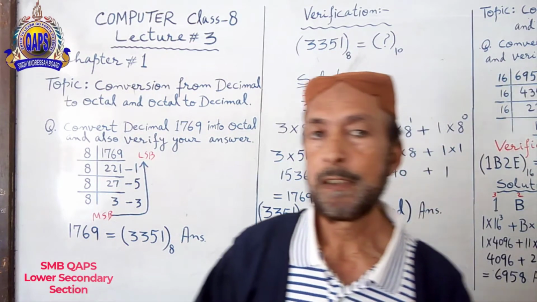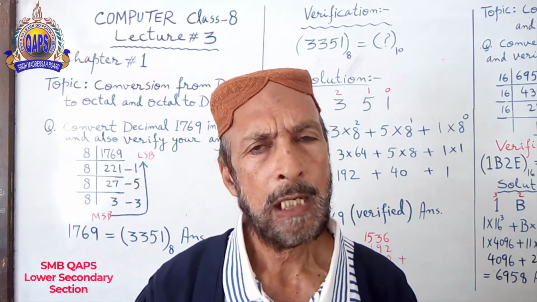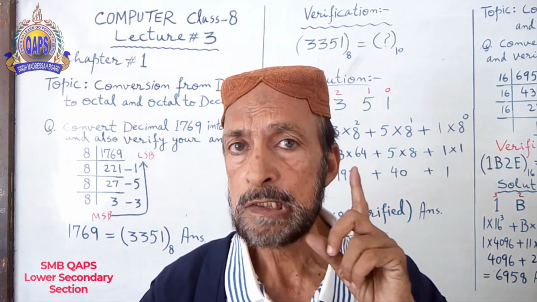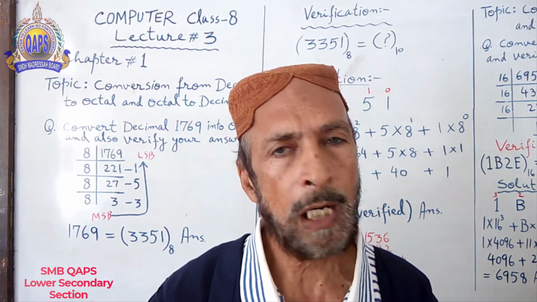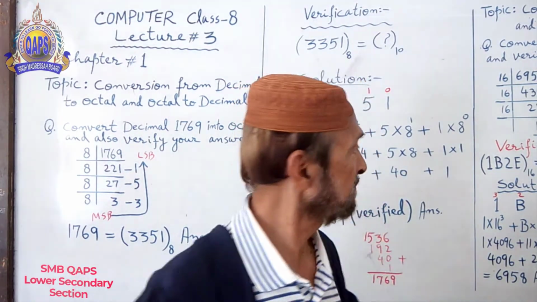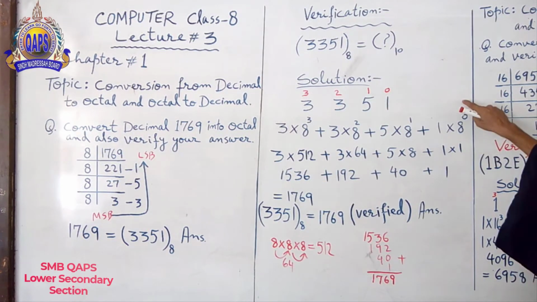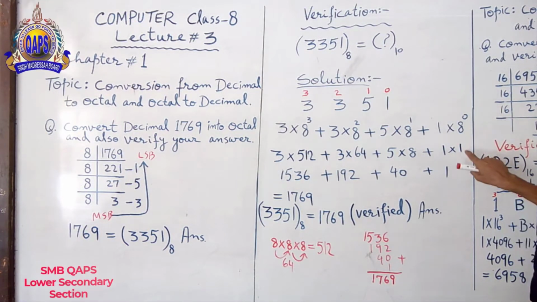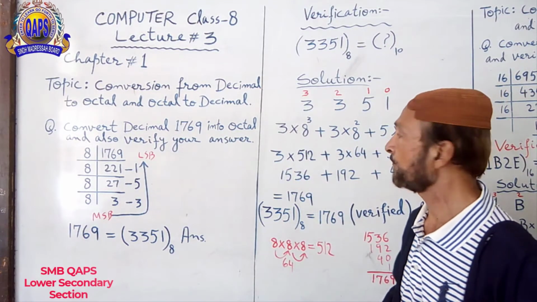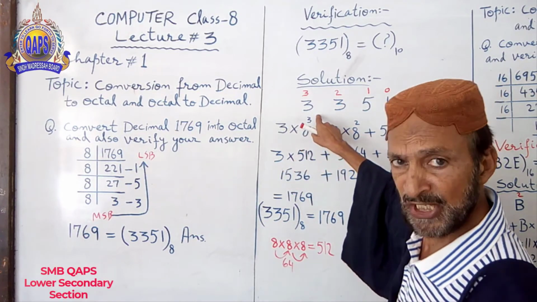Dear student, did you remember that any digit raised to the power 0 always equals to 1. 8 raised to the power 0 equal to 1. Next step. 3 multiplied by 8 raised to the power 3.